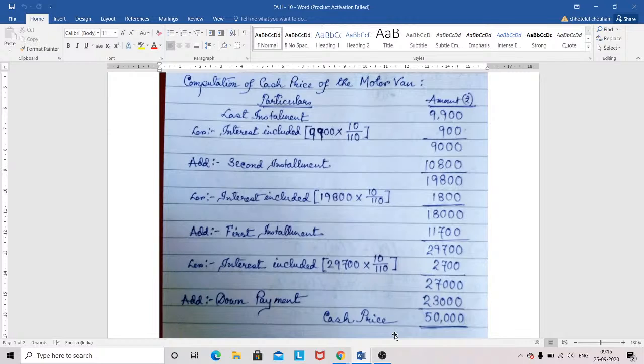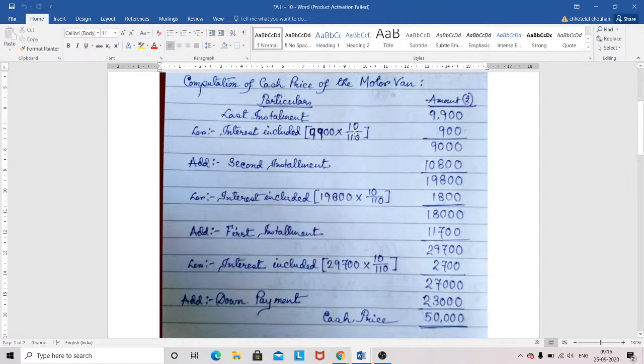So if I do like this, 110's value is 9,900. What about the 10's value? 10 means the interest. So what will be the value of interest? এটার value যদি 110 হয়, মানে 110 এর value 9900 হলে 10 এর value কত হবে, মানে interest এর value কত হবে? Simple unitary method, or rather you can just put that proportion, এই প্রপোর্শনটা মাল্টিপ্লাই করলে ঝামেলা মিটে যাবে, ঠিক আছে?